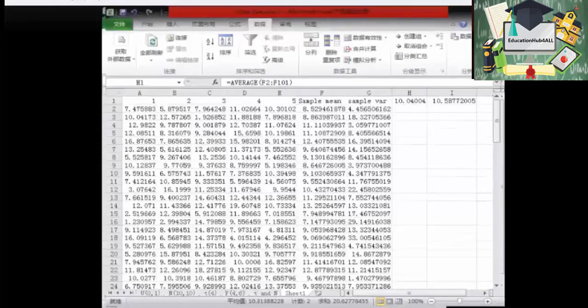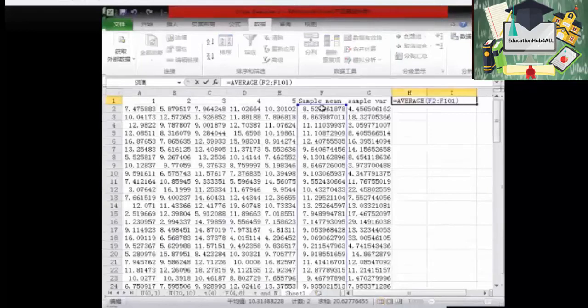It has a mean of 10. We already see that here. How could we find the variance of the sample mean?